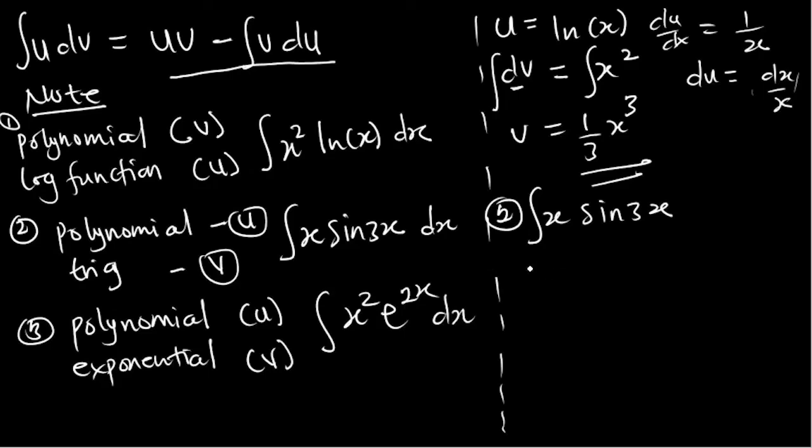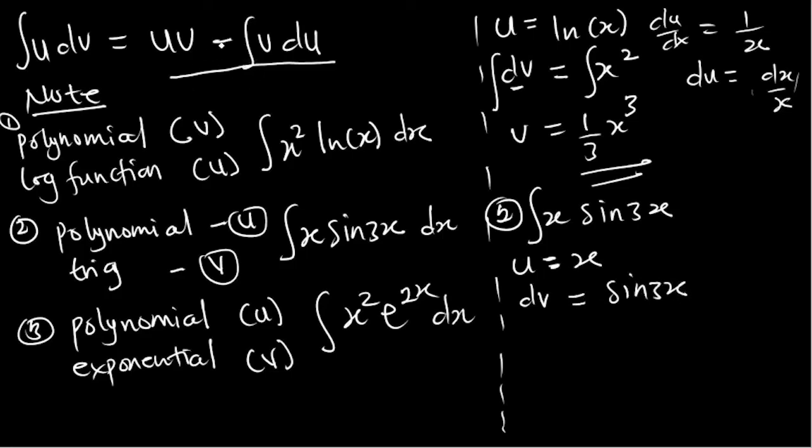So our u here will be equal to x. Then our dv here will be sine 3x. It's different from the other example. So this one will be the dv part, and the v part will come from sine 3x.